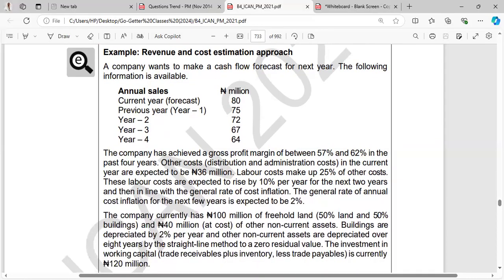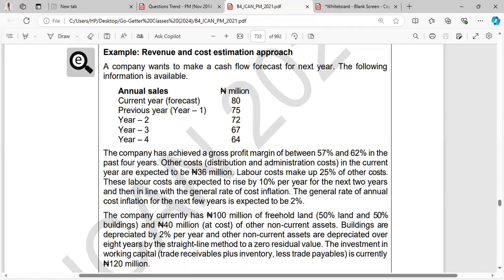So this is an example. A company wants to make a cash flow forecast for the next year. The following information is available. We have the annual sales and the amount in million. Current year forecast: they forecast that the current year sales will be 80 million.